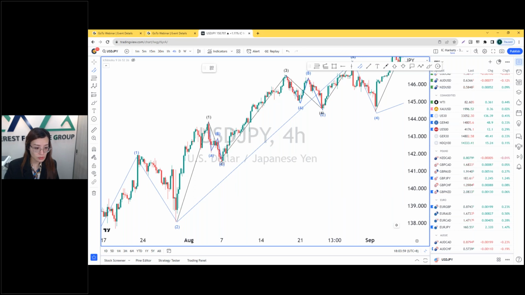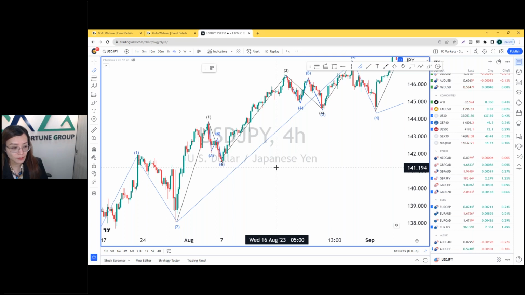I will try to go slowly, but the main thing that you need to remember is the rules. Okay, the golden rules for Elliott wave. You don't have to worry, because there are going to be 4 parts of Elliott wave. Today it's just the prep course for you guys, just to know the basics.